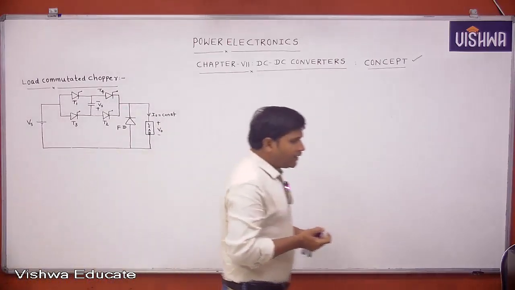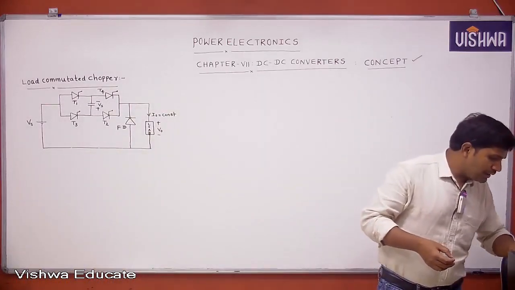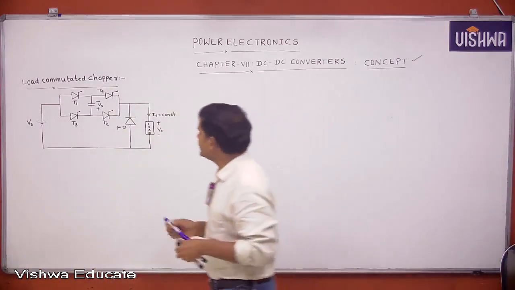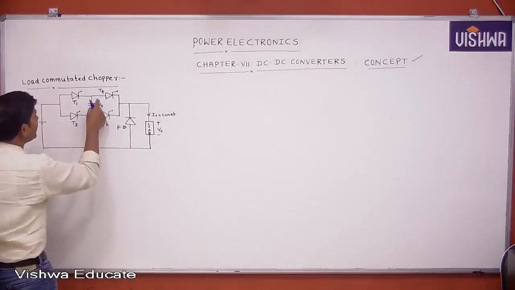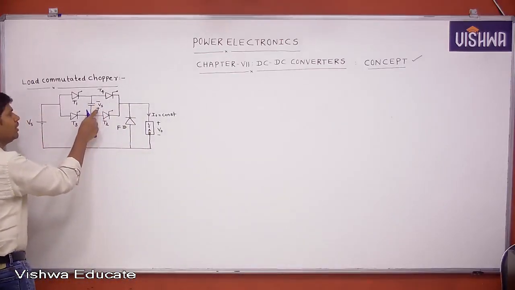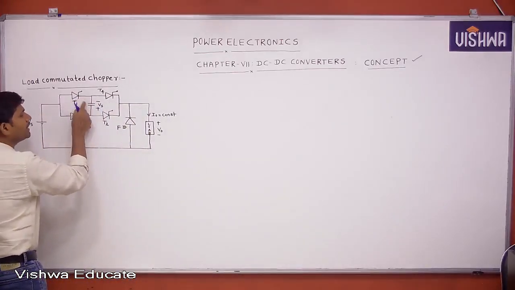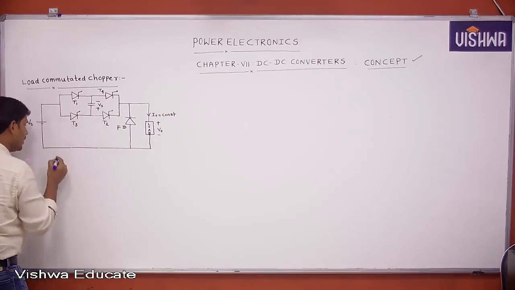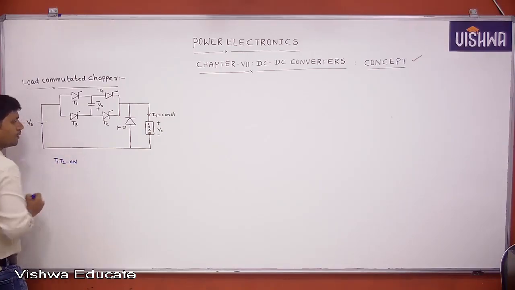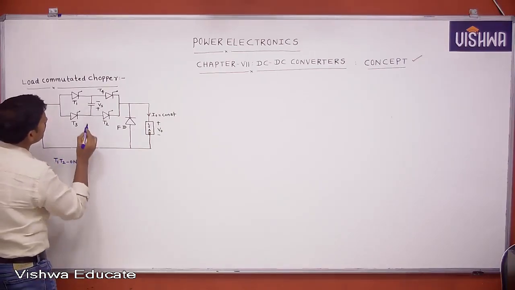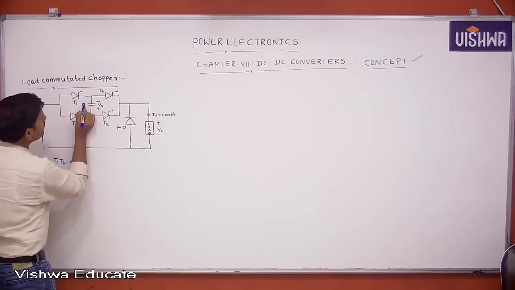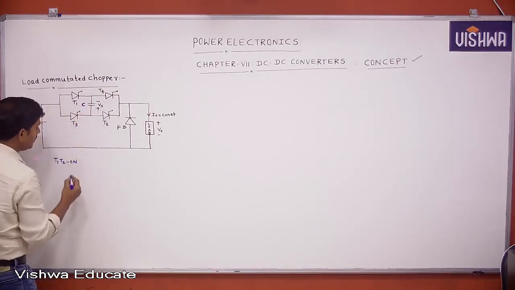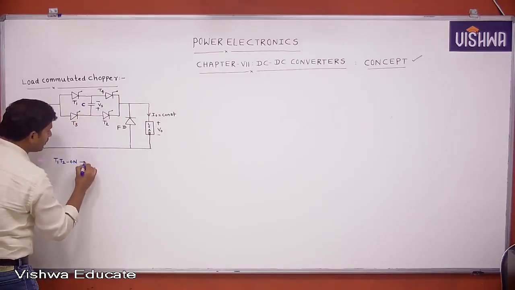Let T1, T2 be on, with this polarity, this negative and this positive. If T1, T2 is on, let this be the capacitor. What is the equivalent?